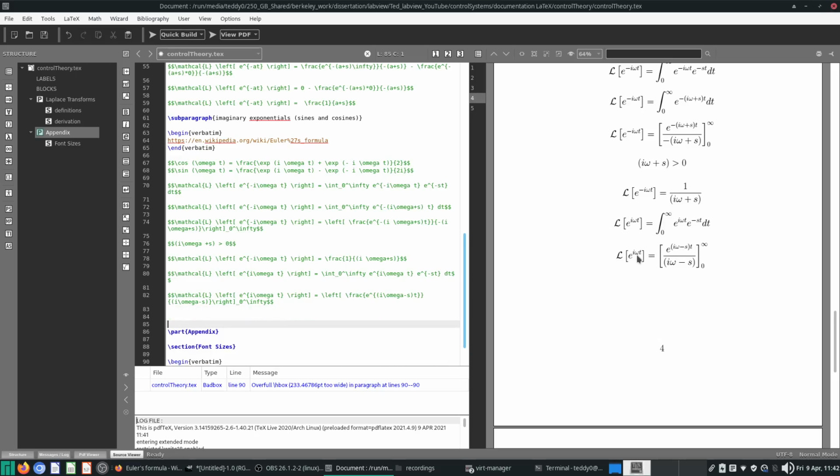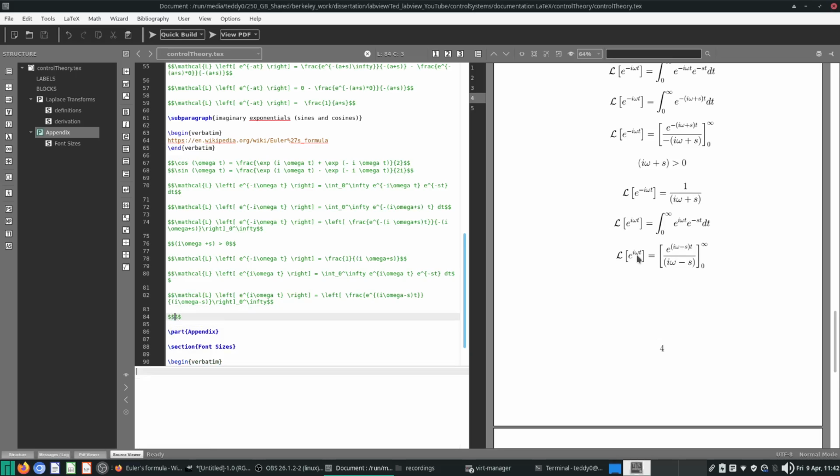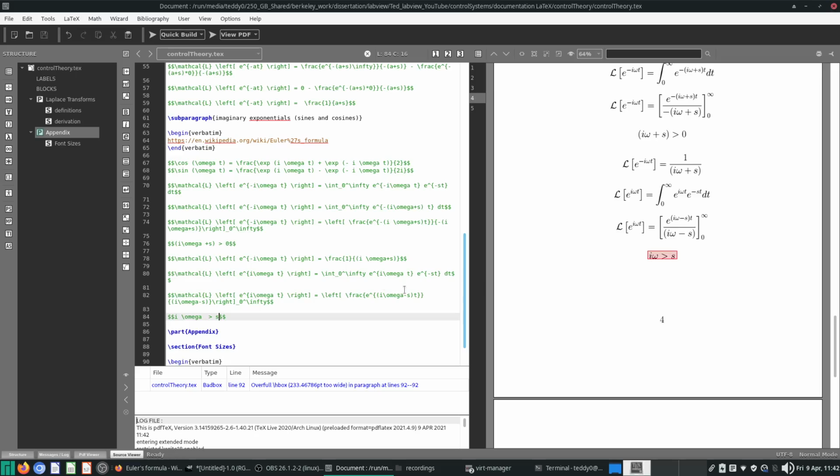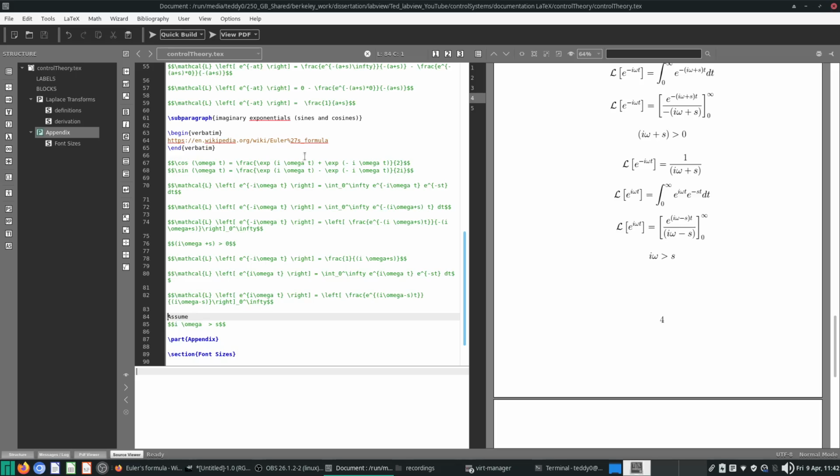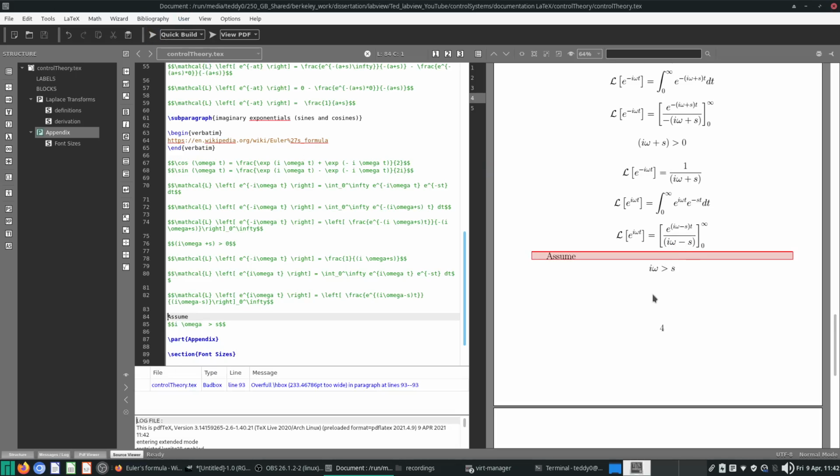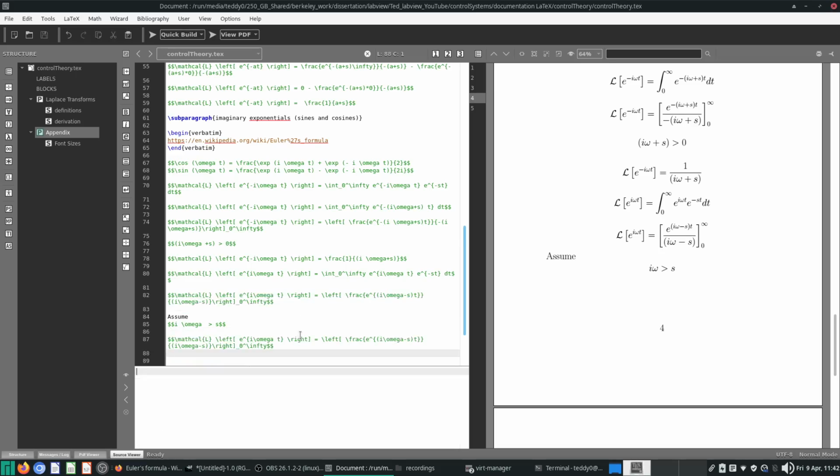Now the thing is, you will need to assume again, and I do this very loosely, I omega more than S. Assume I omega more than S so that you don't have this convergence issue again. Then your whole thing will just reduce down, again very simple.